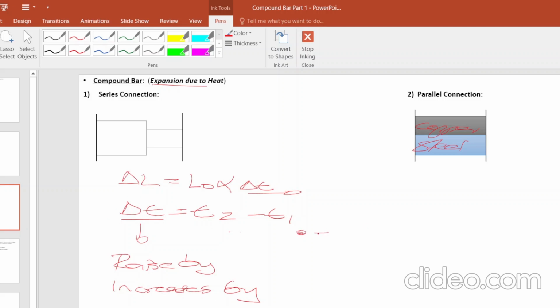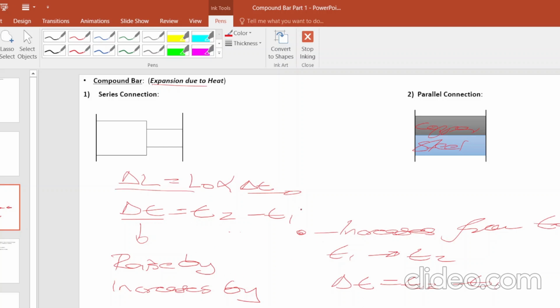But if you are given words like "temperature increases from T1 to T2", then you need to apply this formula: change in temperature equals T2 minus T1. Please, when coming to temperature, be careful. This is the formula that we'll be using to calculate the change in temperature.